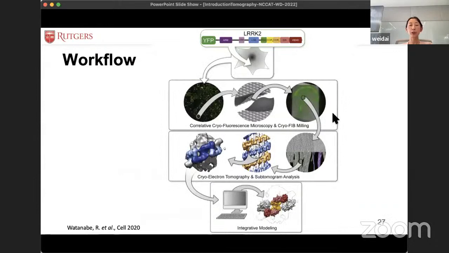So the approach they took is to put a fluorescence tag on the full-length protein and then express the protein in the cell, plate the cells, use CLEM to identify this protein on microtubules, and find where the microtubule is, and then perform cryo-FIB to thin the cells so that you can image the intracellular microtubules. Eventually, from those tomograms, you can perform all different kinds of structural analysis.